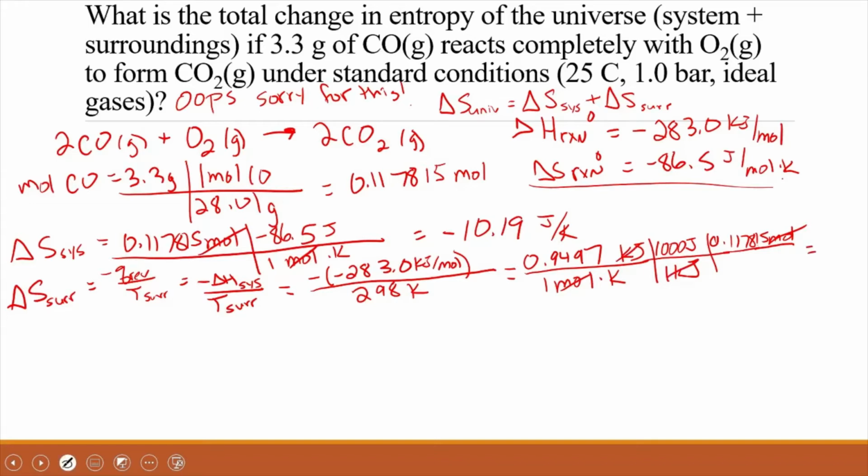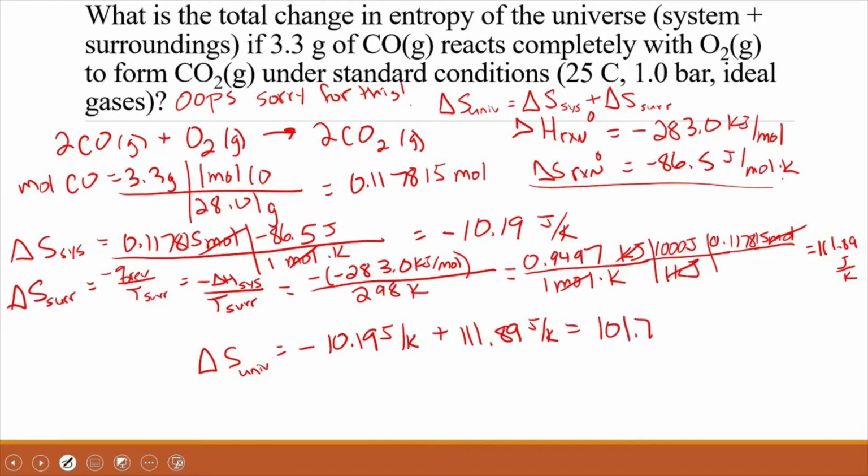And so this is 111.89 joules per Kelvin. So then our delta S universe is equal to negative 10.19 joules per Kelvin plus 111.89 joules per Kelvin, and that gives a total of 101.7 joules per Kelvin.